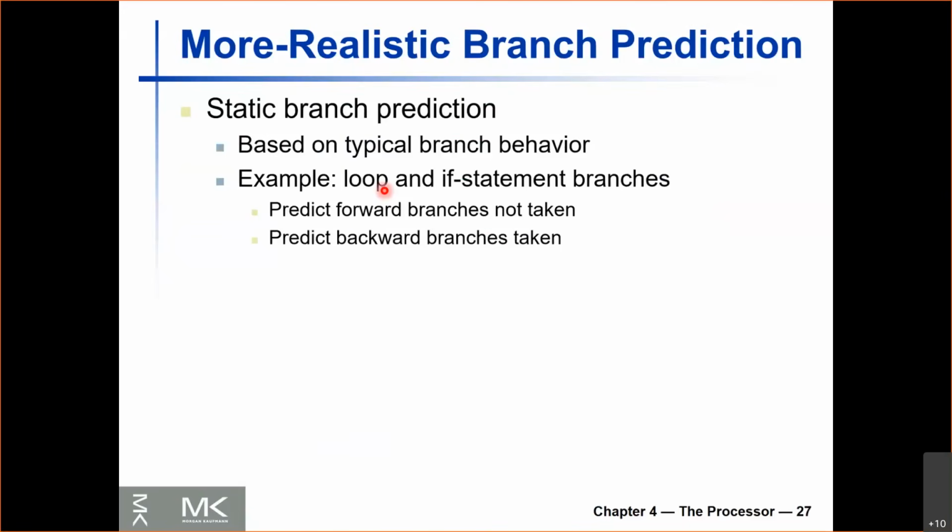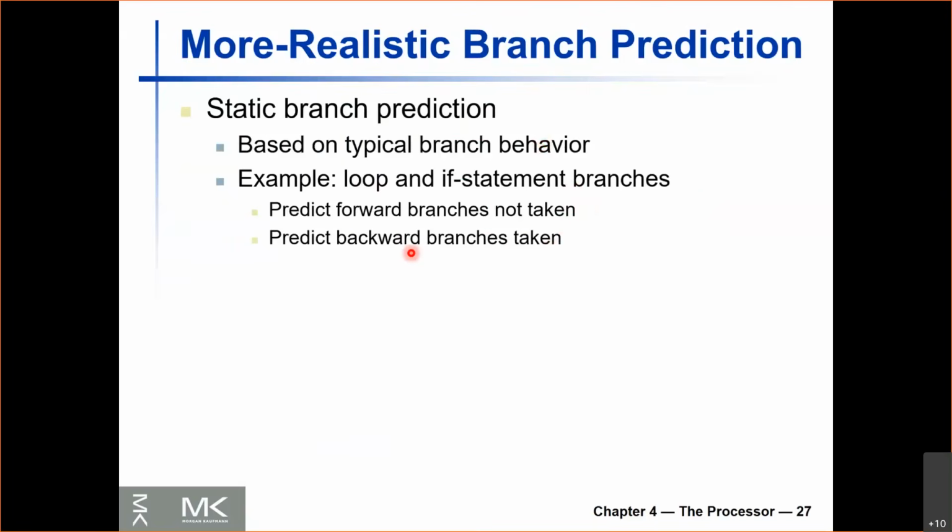That is why, with a forward branch, predicting it not taken means I will predict correctly for every iteration of the loop except for the last iteration.